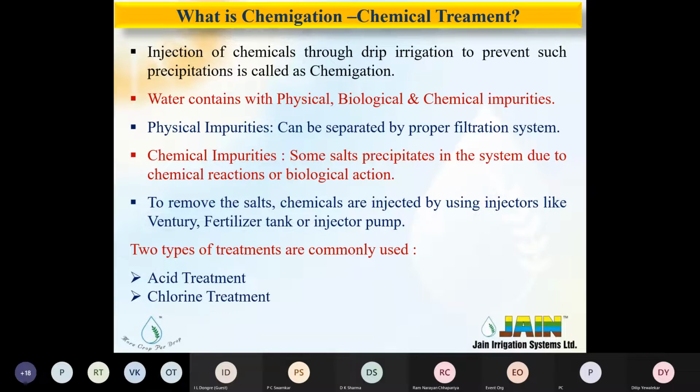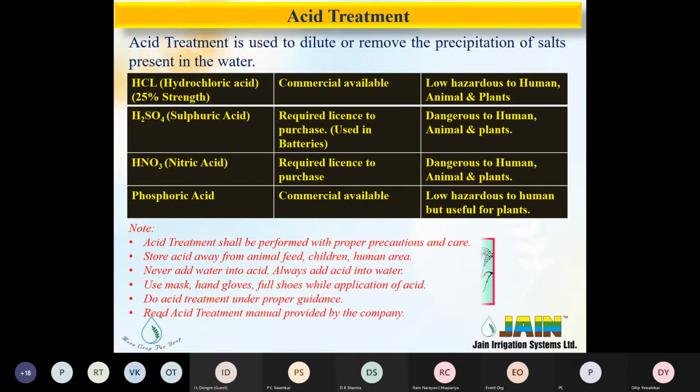Two types of treatments are commonly used, acid treatment and chlorine treatment. Under acid treatment, normally four types of acid you can use. First, HCl, hydrochloric acid of 25% strength. This is commercial grade and available. It is not harmful for human, plant and animal.